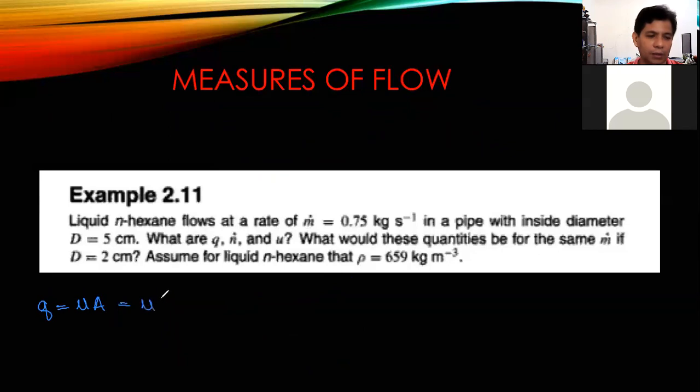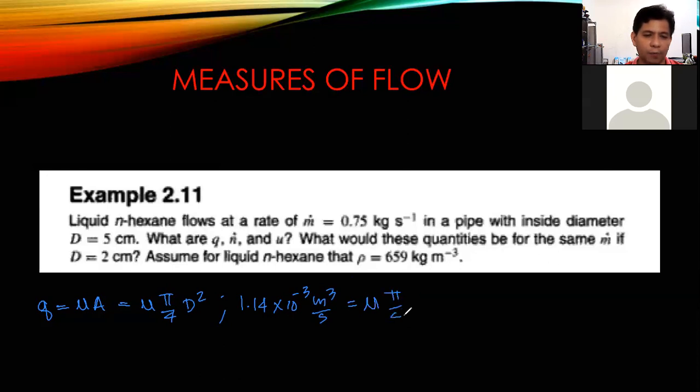So, velocity times pi over 4 tapos d squared. Okay? So, substitute natin yung given. Yung na-calculate natin kaninang Q, ano? Yung 1.14 times 10 to the minus 3 cubic meter per second.